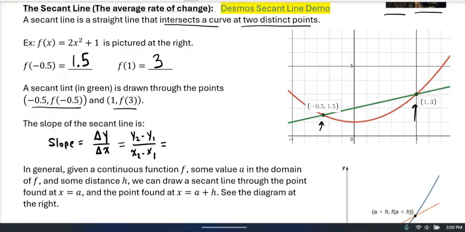In this particular case, let's take the second point to be the point on the right. So the y value is 3 minus a y value of 1.5. And then the x value is 1 minus negative 0.5, that's a negative 0.5, leaving us with 1.5 over 1.5, or 1.